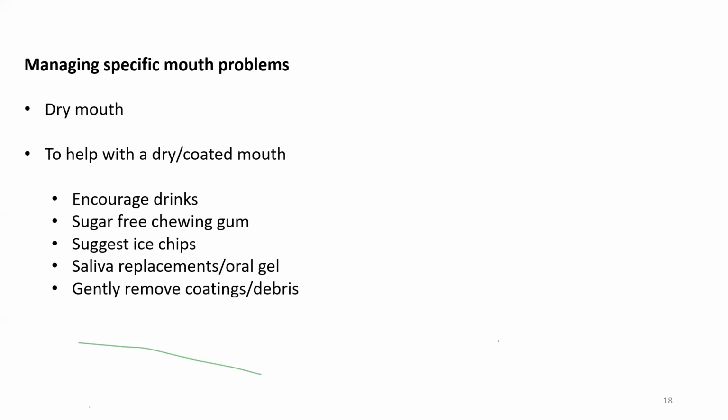But we'll look at some ways that you can help someone to manage certain mouth problems. So dry mouth, we've mentioned dry mouth a lot, so it's a recurring issue. That's the feeling of having a very dry mouth. It's often associated with difficulties speaking, chewing, swallowing.